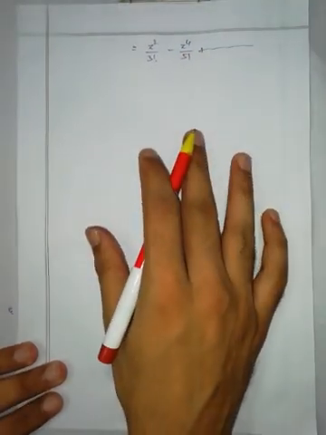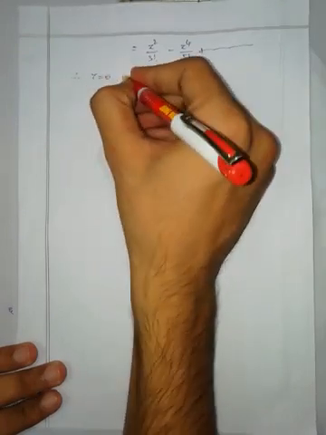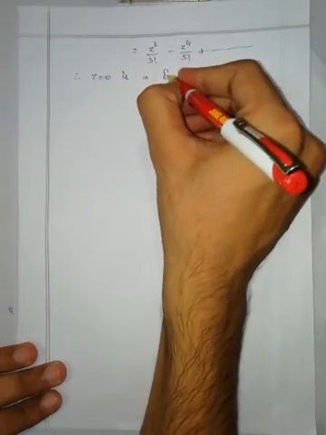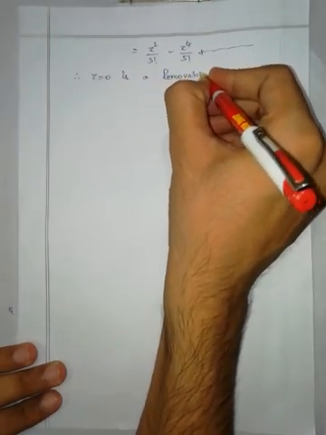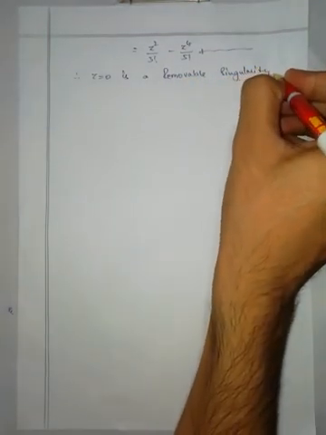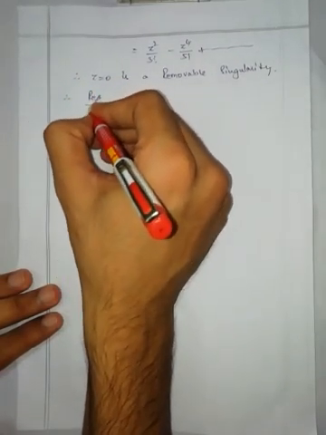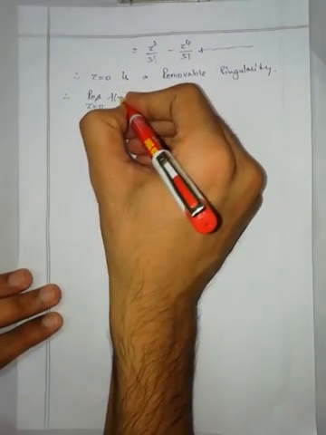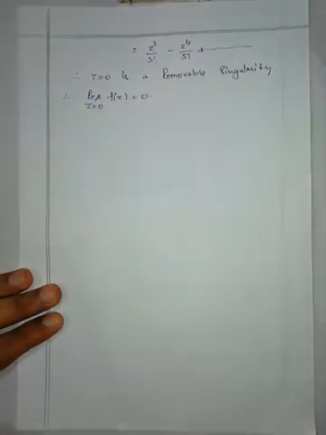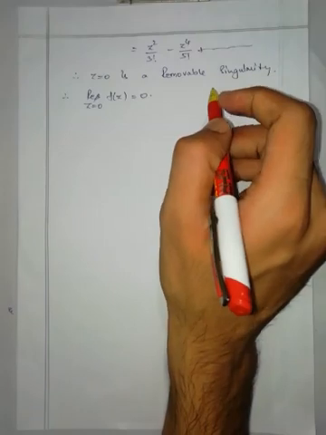It has no singular part, therefore z is equal to 0 is a removable singularity. Therefore, what is the residue at z is equal to 0 of f of z? It is equal to 0 because it has no singular part.